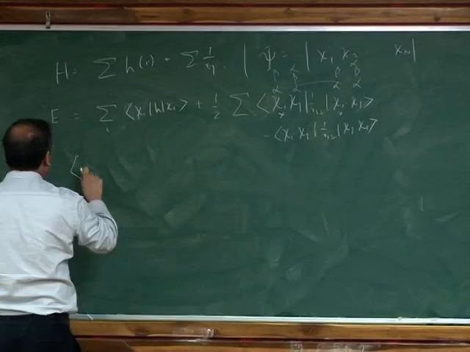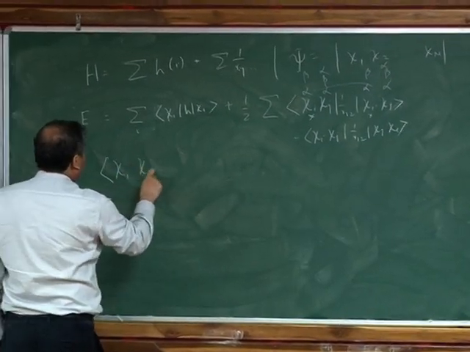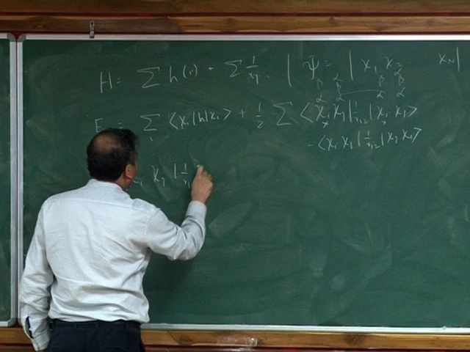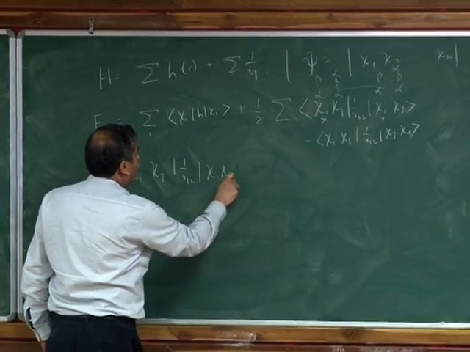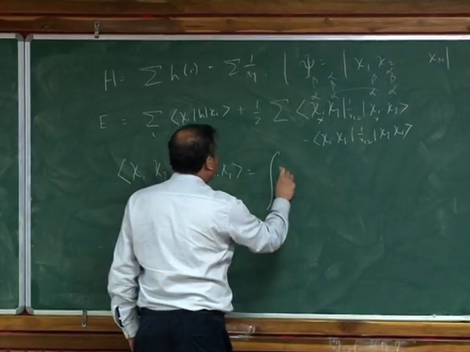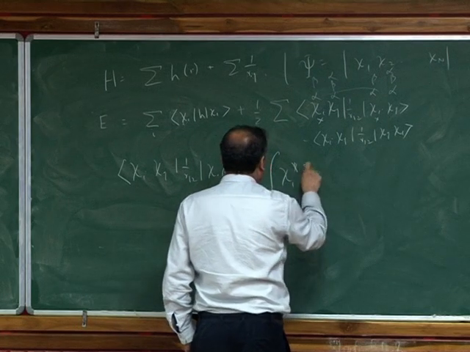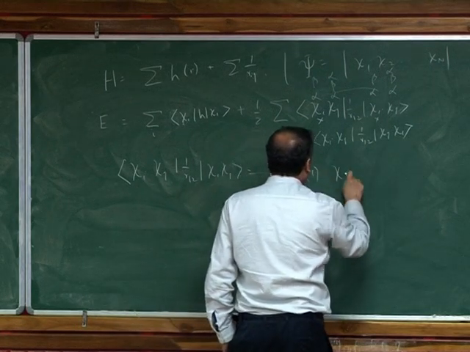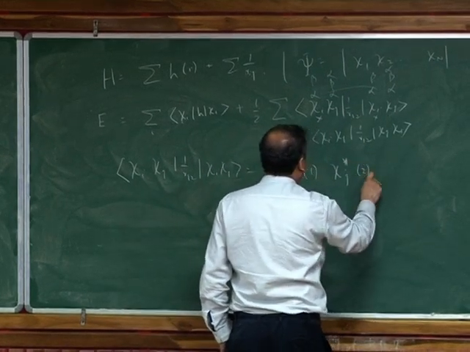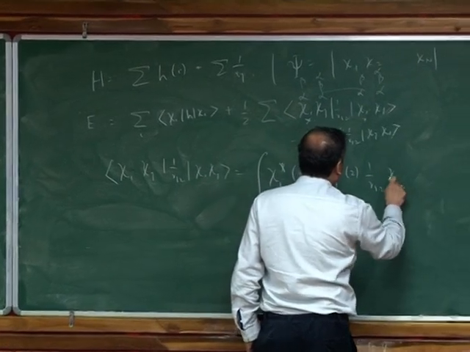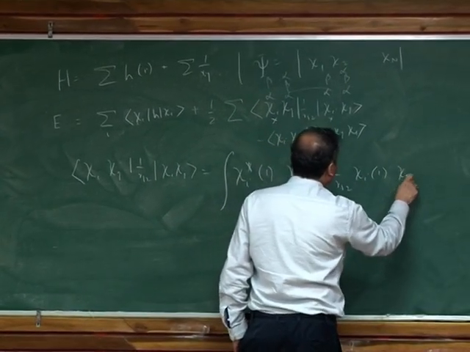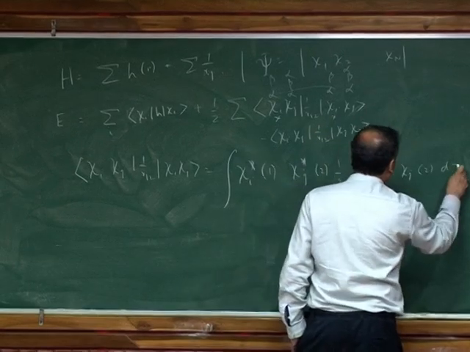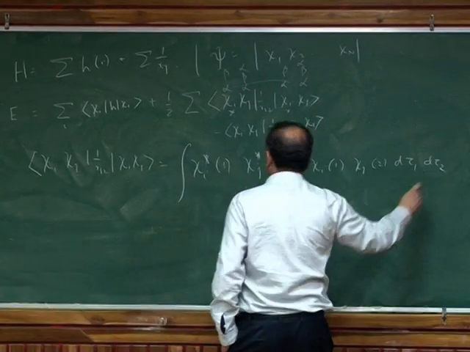Those who are not familiar with this notation, let me write the explicit form: integral chi i star 1, this is coordinate 1, integral chi j star 2, 1 by r12, chi i 1, chi j 2, d tau 1, d tau 2.